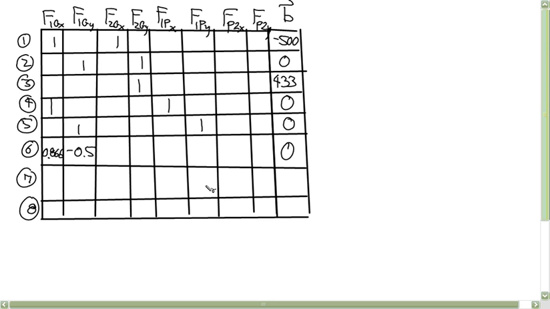And then negative 1, 1px, positive 1, 2px, negative 500, and then negative 1, 1py, positive 1, 2py, 0.